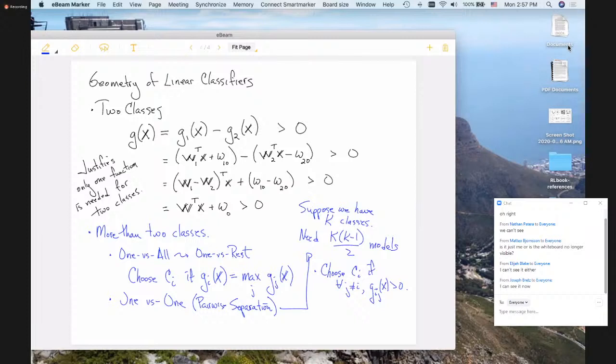So another strategy builds off of the idea that we used for the one versus all method, where we calculate for Gi the sum of the individual models that involve class i, and then choose Ci if Gi is the max.